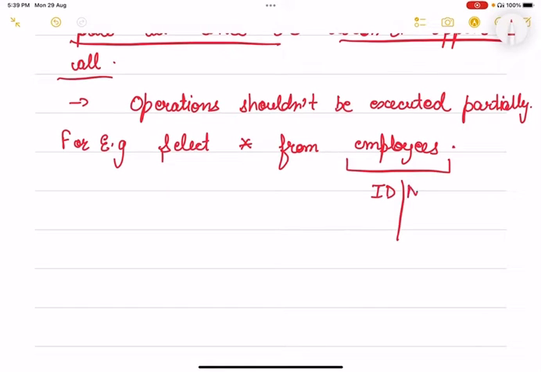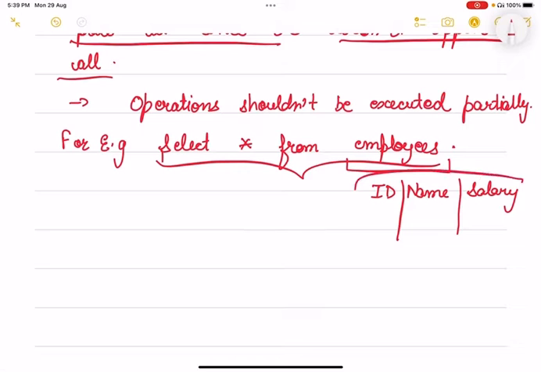First one is ID, second one is name, and the third one is salary. And this is our transaction. So either we get all three columns of the table when we write star, or we won't get any of the columns and we get an error.